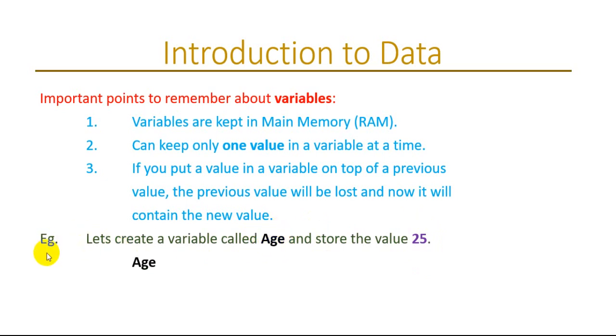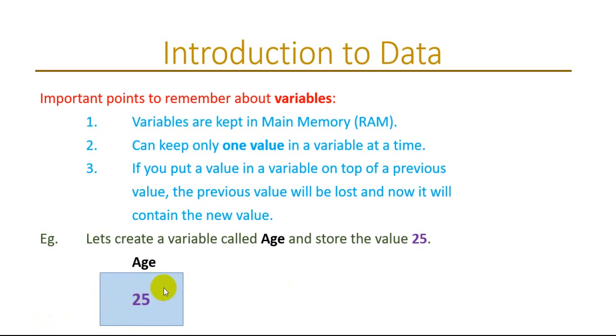Now this is the name of the variable and this is the contents. The variable name is age and currently we have put 25. How we have put it, don't worry about it at this point in time. When we go to later sections, we will see how these things are done. But for the moment, just assume that in the variable age, we have the number 25 stored.